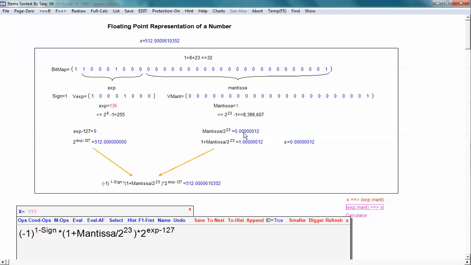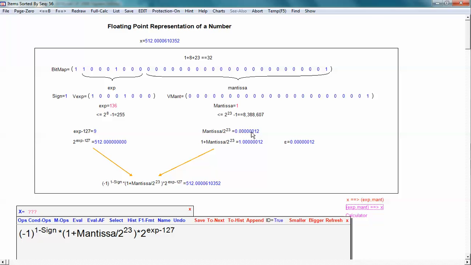Incidentally, this is called the machine precision of the computer. If you're dealing with a 32-bit computer, that would be called the machine precision. And that's, in some sense, as close as you can get to the actual value of a number. Your error could be as great as half that.